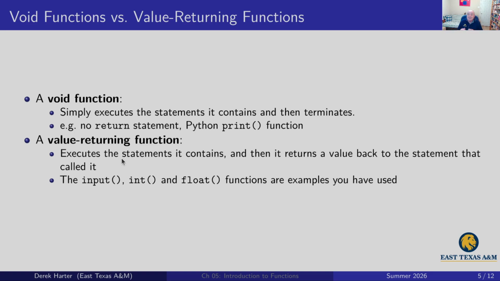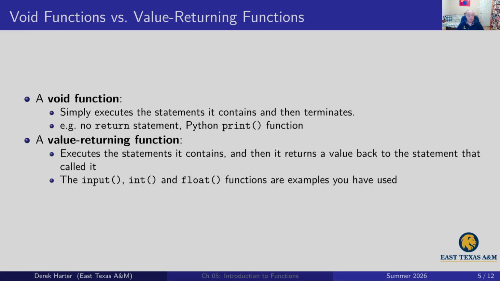They're similar to the idea of a mathematical function, which takes some input parameters, does a calculation, and maps the parameters to the output of the function. Same thing happens with a value returning function in a programming language. We pass it some input, and it does a calculation and returns a result using a return statement. You've actually run into some built-in functions that are value returning already, like the input, the int, and the float function.